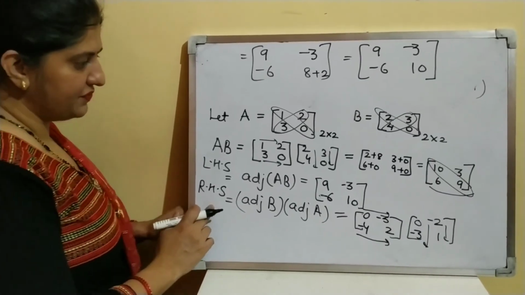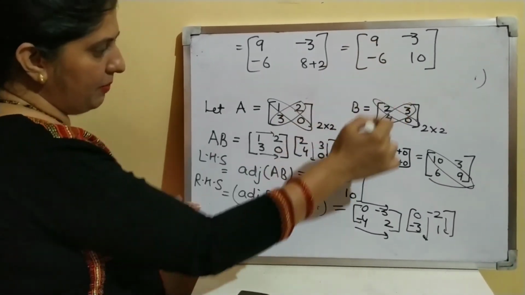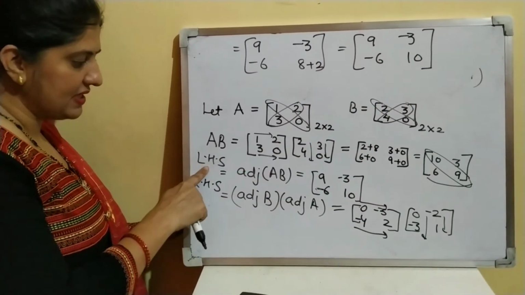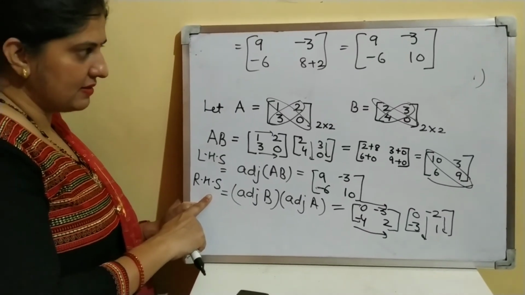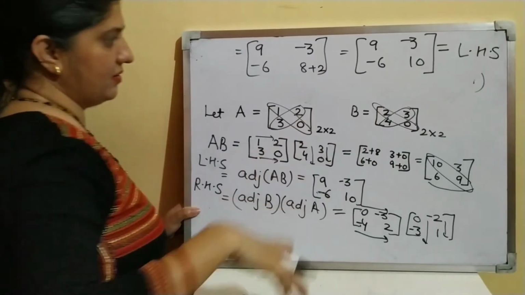Now see here, check the left hand side and right hand side. First entry is 9, 9, -3, -3, -6, -6, 10, 10. Means the left hand side is equal to the right hand side.